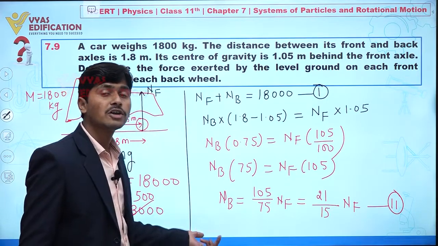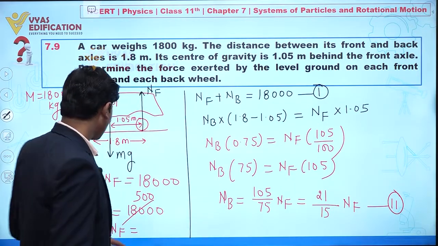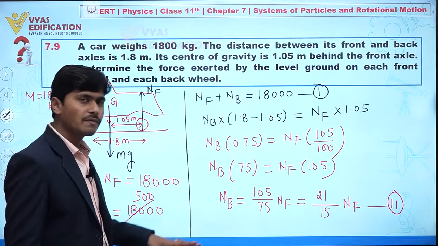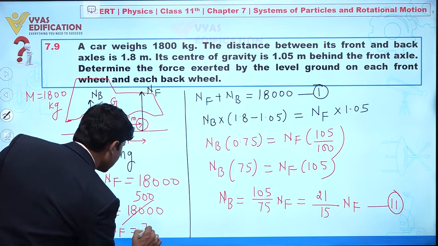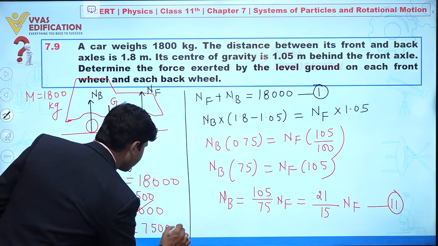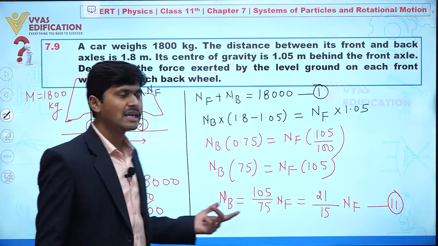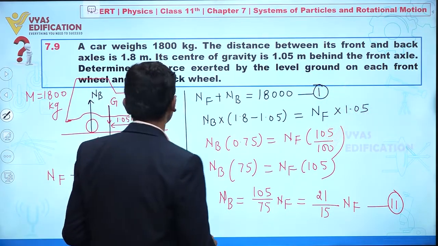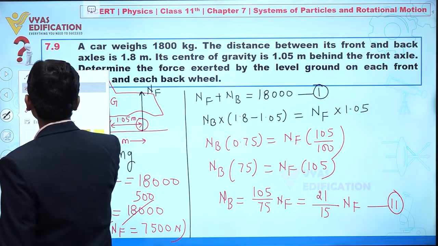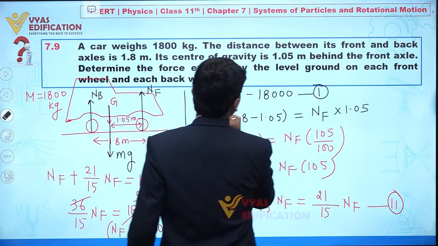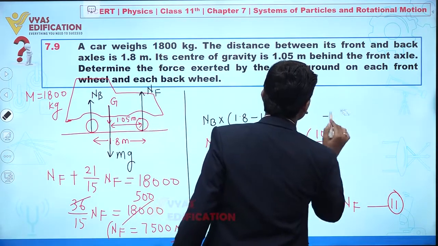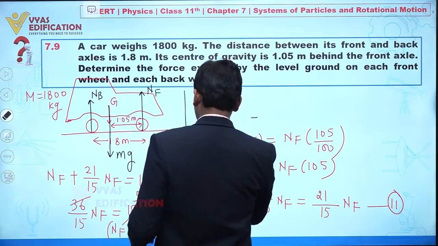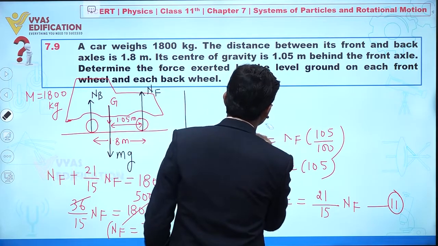It means total reaction force on the front wheels we are getting is 7500 Newton. Clear? So can we calculate here value of NB? Yes, definitely. So how can we calculate? We can put here value of NF in equation number 2.